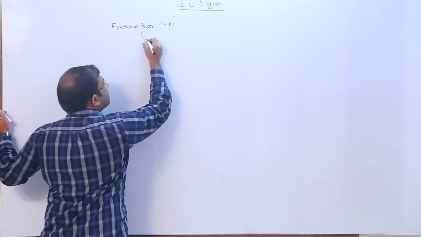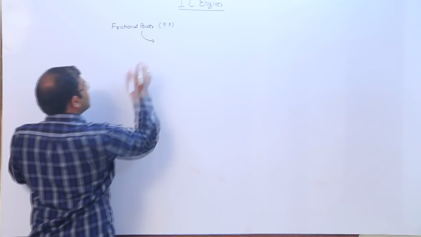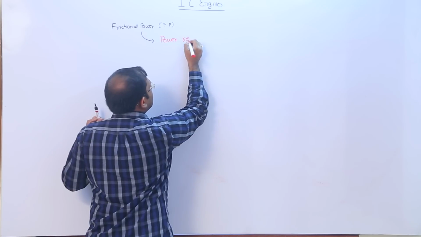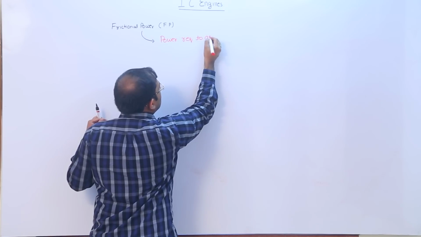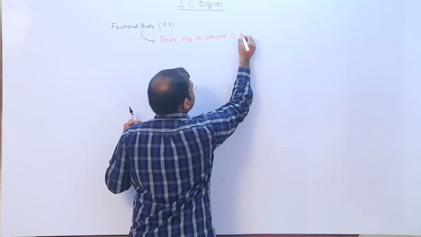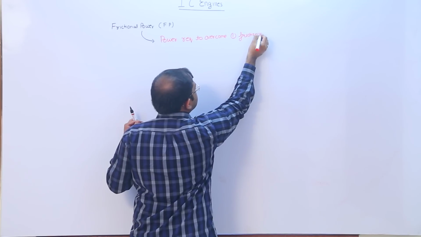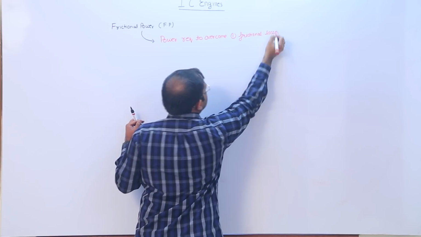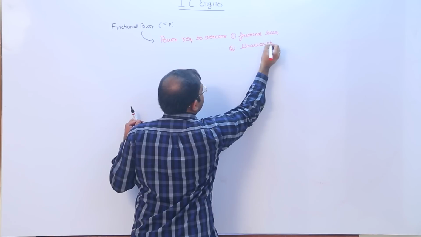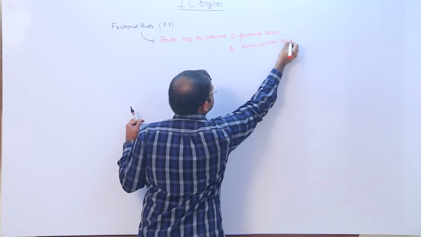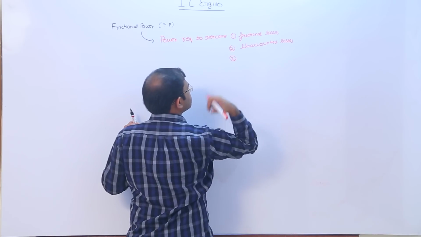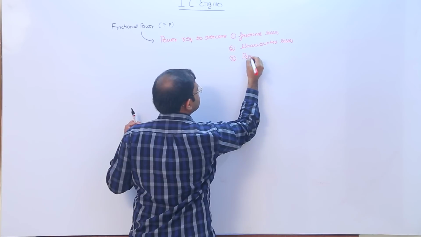And see, the definition of frictional power is that power required to overcome, first, frictional losses, the second one is unaccounted losses, the third one is pumping losses.